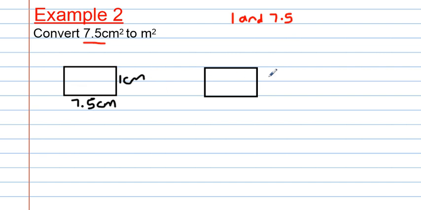So you're going to have here 0.01, and then for the 7.5, you're going to have 0.075.